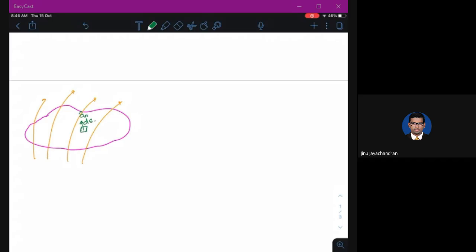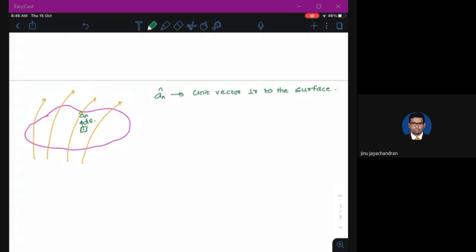Okay, so n cap is a unit vector which is perpendicular to the surface, and ds is a small element of the surface. So whenever you see a surface, it has a direction and it is always perpendicular to the surface. So it can be either upwards or downwards depending on the situation.